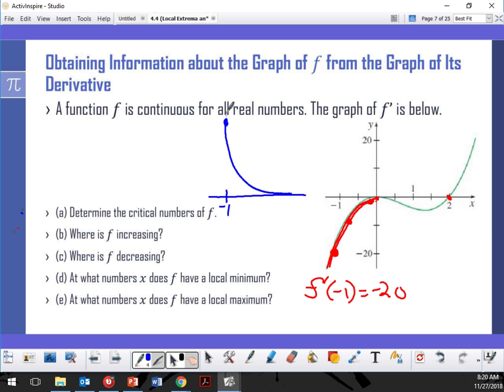The slope of this right here would be m equals negative 20, because my slope is negative. It's a steep negative. Rise over run. It's negative 20 over 1, isn't it? So the slope there is negative 20.